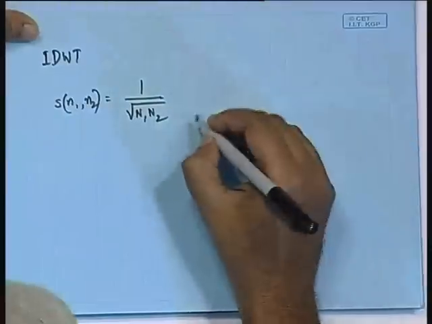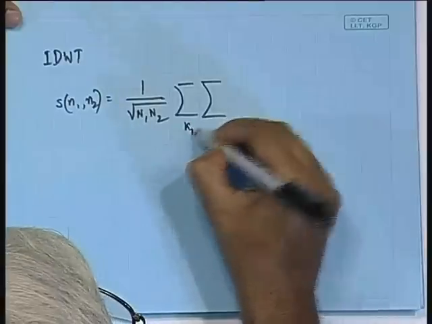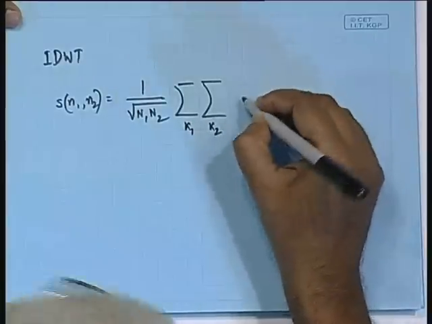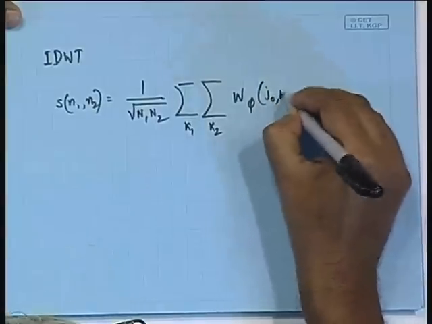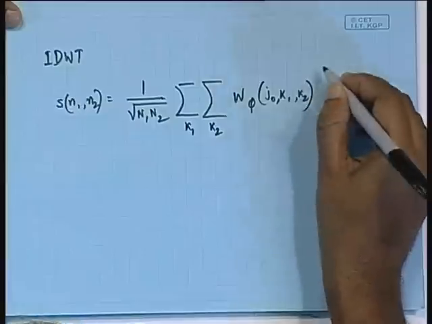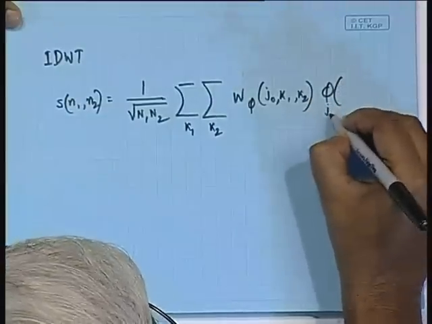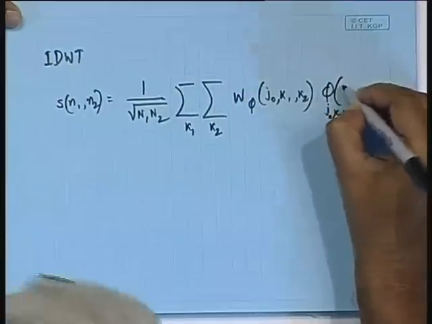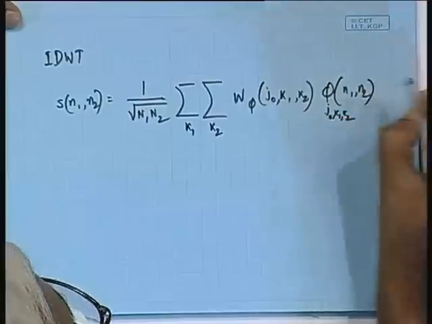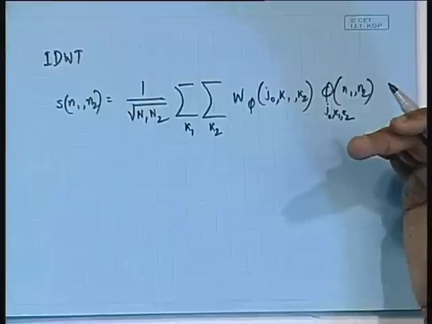So, 1 by root over n1 n2, and then we have to write a double summation, and that double summation would be over k1 and k2 applied on W phi j0 k1 k2 into phi with subscript j0 k1 k2 with n1 n2. So, phi being the transformation kernel or the filter, whatever way you talk of. Okay.